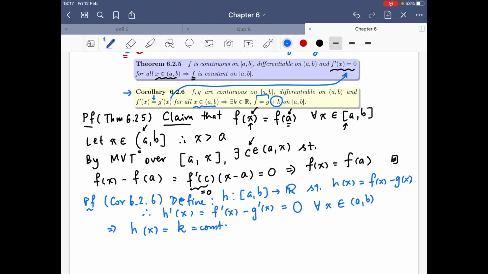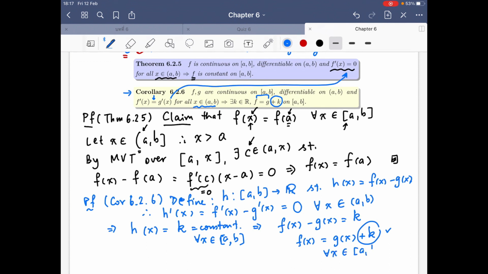So f of x minus g of x equals k, so f of x equals g of x plus k. The difference between f and g is this constant k, for all x within this closed interval from a to b.